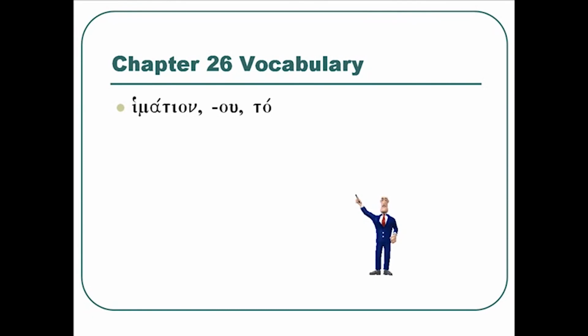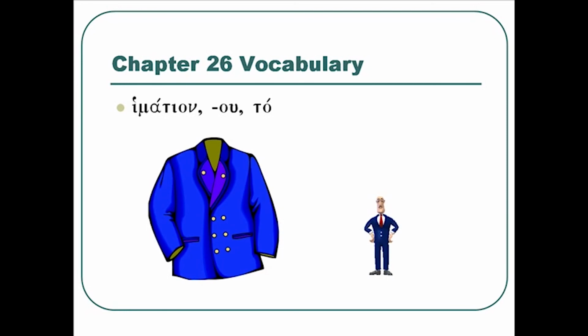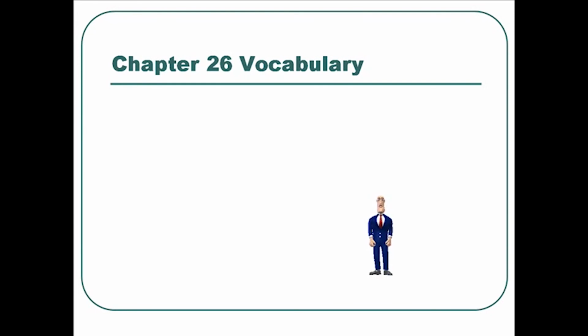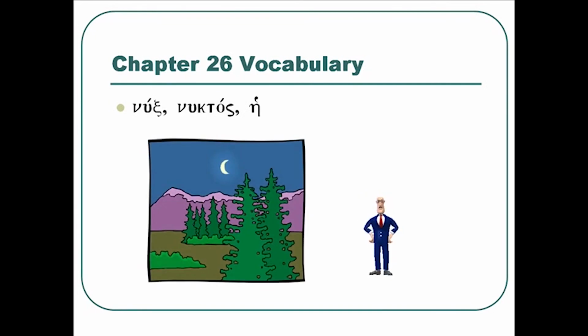The third word is himation, and it means garment. The fourth word is nux, and it means night.